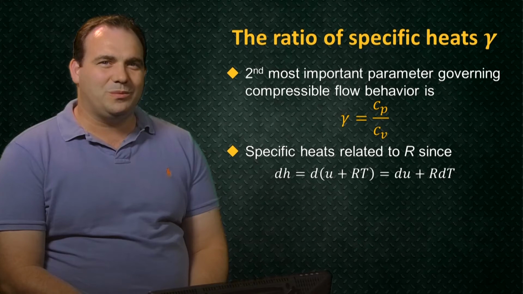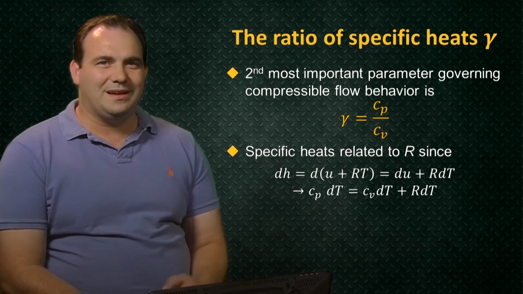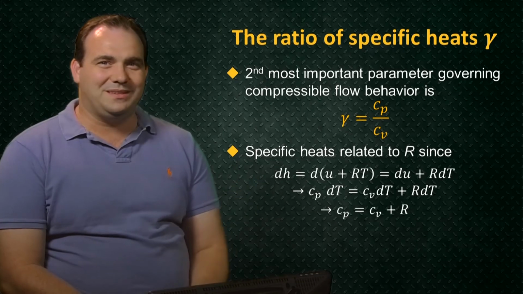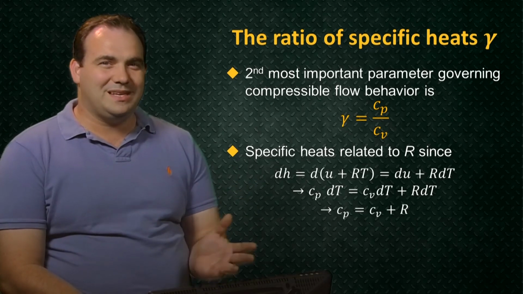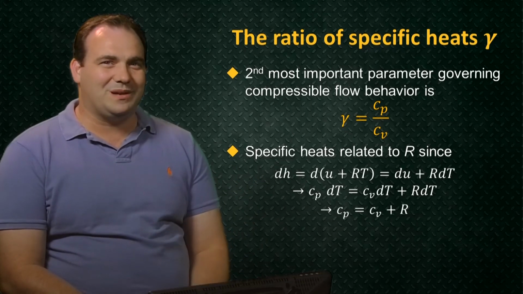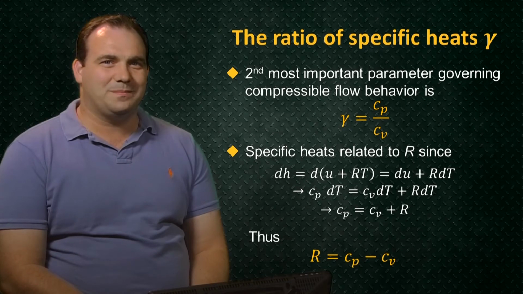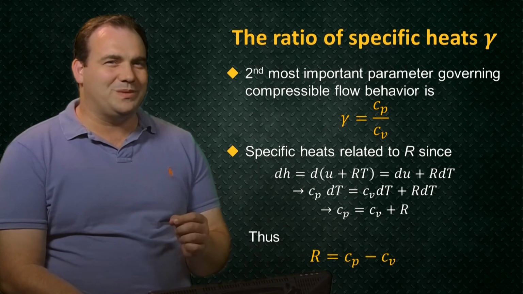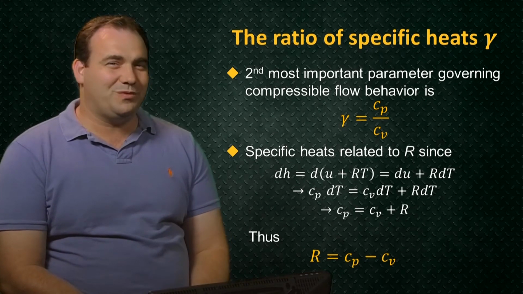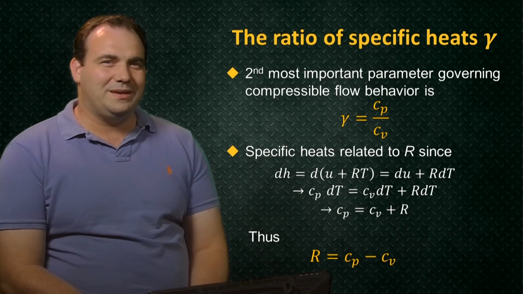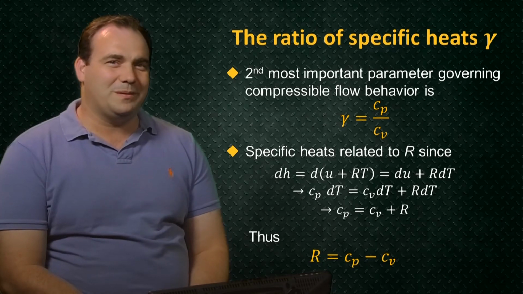Replacing dH with Cp dT and dU with Cv dT, and then cancelling out the dT's, we see that Cp equals Cv plus R. Thus, the gas constant is equal to the difference between the specific heats. This relationship is going to be very useful in simplifying compressible flow relations derived later in the course. You'll get a little practice in doing this in the problems following this video.